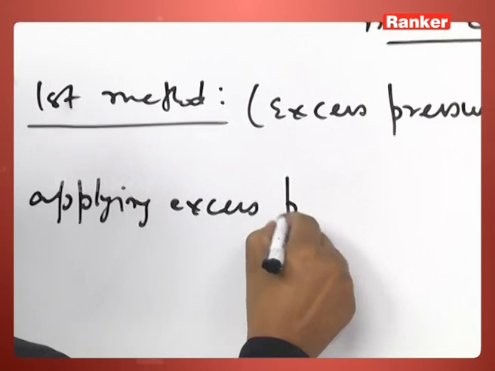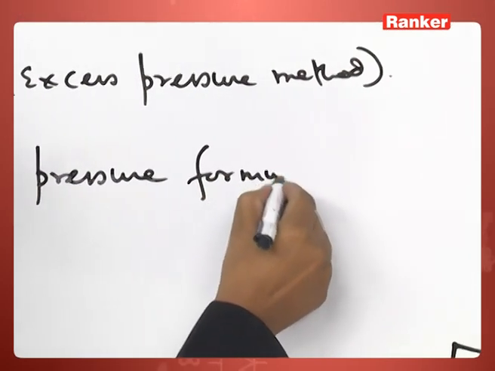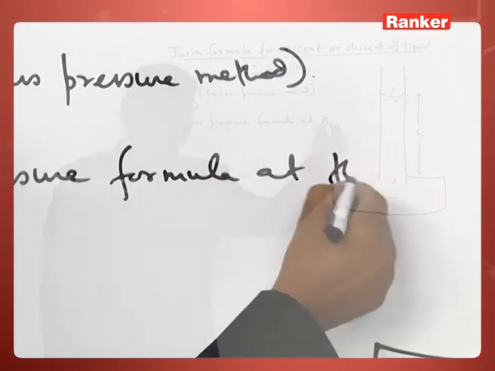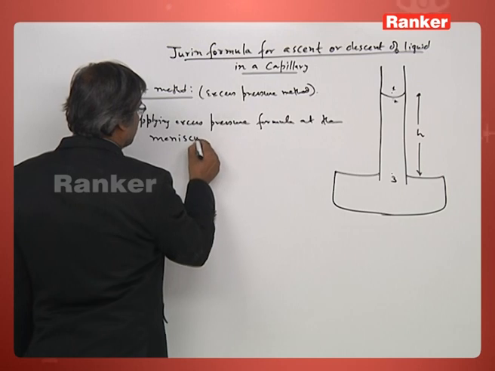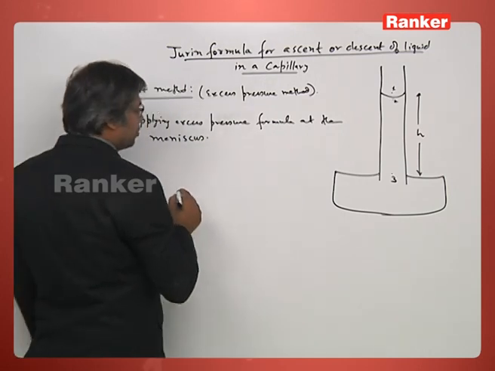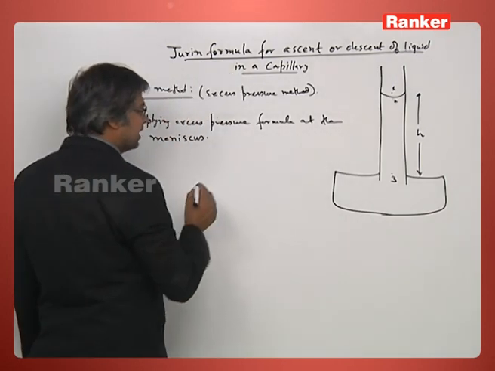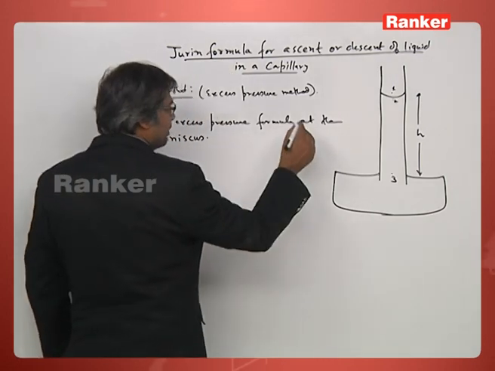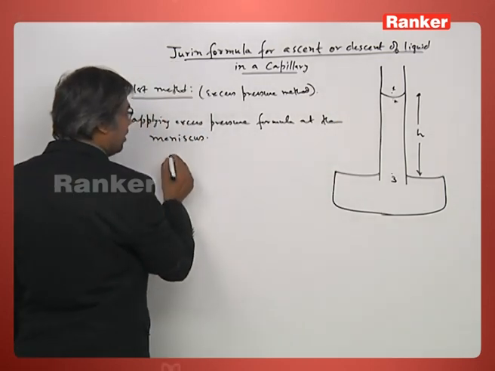So, applying the excess pressure formula at the meniscus, assume that this is a spherical meniscus. For a spherical surface we have the pressure difference as 2s by r.